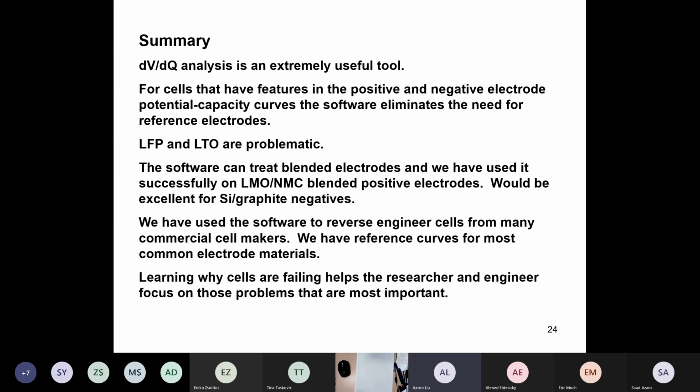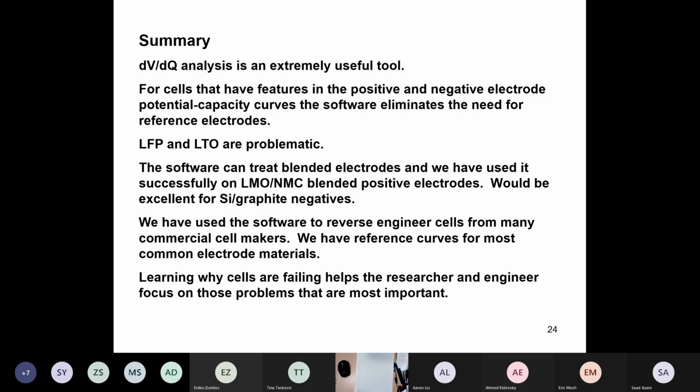Hey Jeff, would you be able to analyze electrode materials that change in their voltage curve as they age? I'm thinking something like lithium rich. Yeah, this is where the program fails. If you have materials whose voltage curve changes with cycling, what you have to do then is create a whole set of reference curves for them at the different cycle counts.